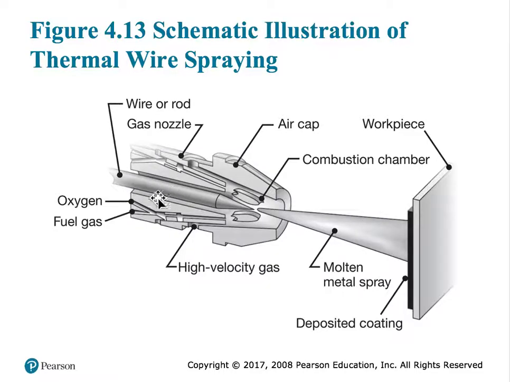What you do is you apply a wire rod and you have a gas nozzle that has the gas being burnt at a very high temperature, and that gas will melt the metal wire, and that wire will create a stream of those metal particles that will go and stick onto the surface of your final part. So this process is called thermal wire spraying.